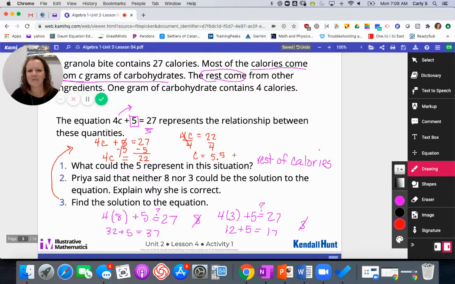Sometimes. 5.5, that would be the grams of carbohydrates. Most of the calories come from C grams of carbohydrates.